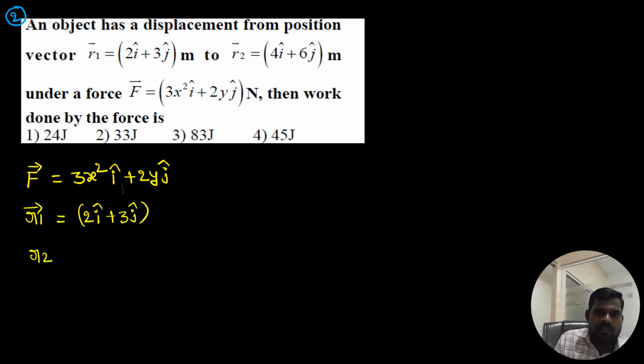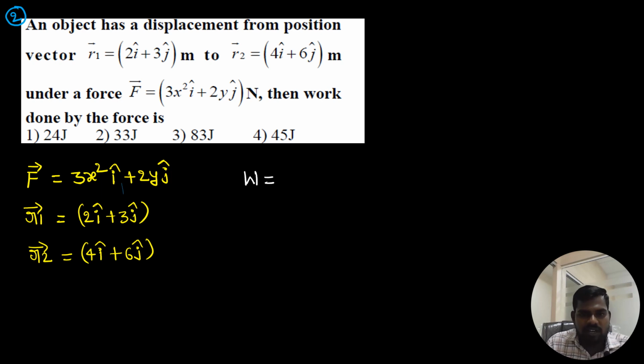Similarly, R2 is equal to 4 i cap plus 6 into j cap. So what is the formula for work done? Work done is equal to, we can observe properly whether it is two dimension or three dimension. Here the i cap is given and the j cap is given, so it is nothing but two dimensional.